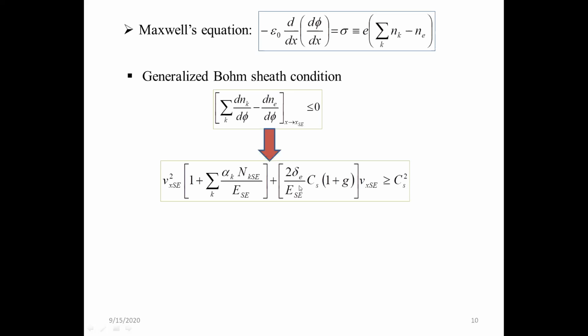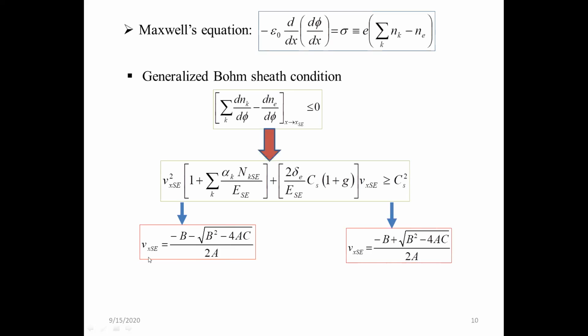What we found is that the velocity acquired at the sheath boundary is in quadratic form, and it obviously has two roots. In the first root, A is a positive value, B is also positive, and C is a negative value. When you put this relation in the first root, it gives a negative velocity, which is discarded according to our considered geometry.